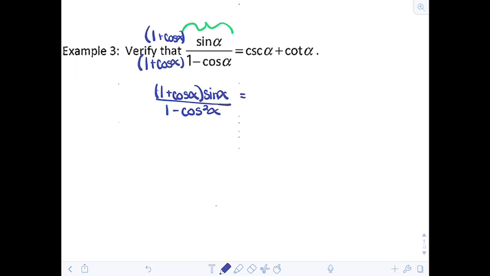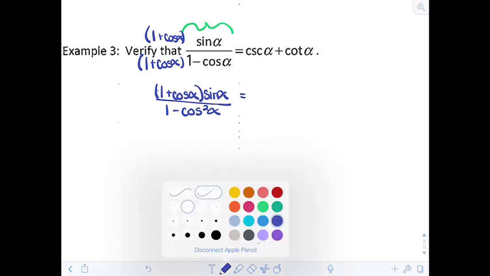So as I look at this, here's why. You start to see these things looking ahead. 1 minus cosine squared. Go to your Pythagorean identities. You have a cosine squared and a 1 being added or subtracted. You want to go look at your Pythagorean identities, and sine squared plus cosine squared is 1. So you also have that 1 minus cosine squared is equal to sine squared.